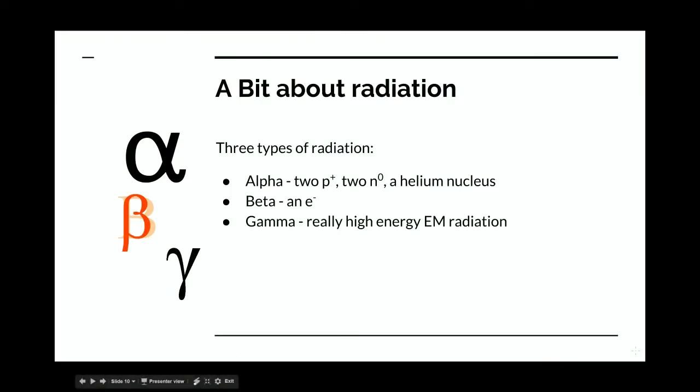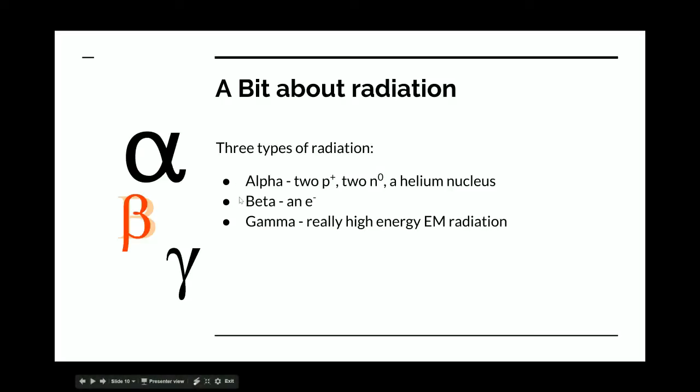Radioactive isotopes are sort of constantly shooting off little bits of gamma radiation. They're unstable, they're high energy, they're constantly trying to relax down to a lower energy state, so they're constantly firing off little bits of gamma radiation.